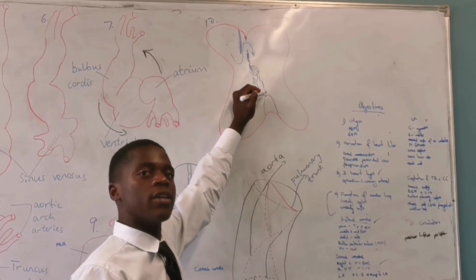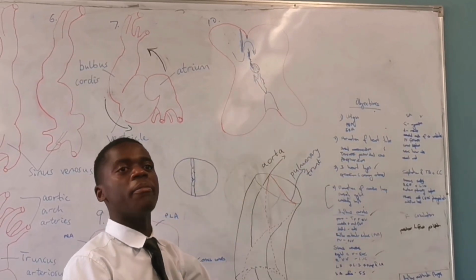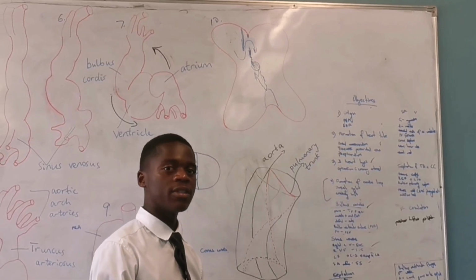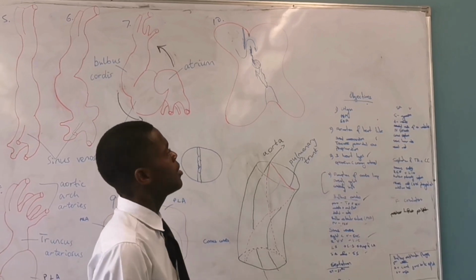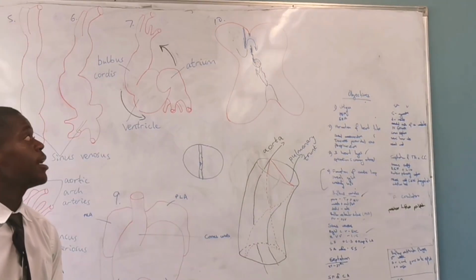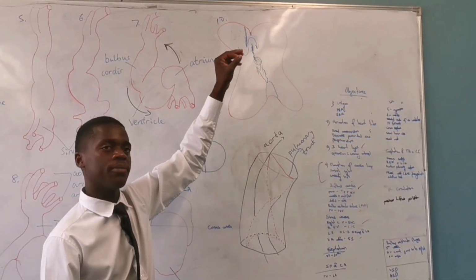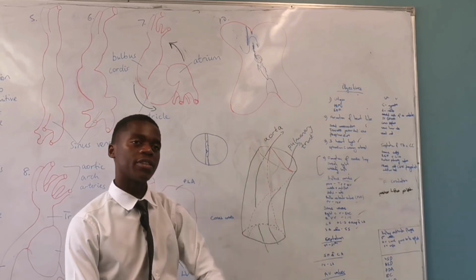We refer to this newly formed area as the membranous part of our interventricular septum. So at this stage, we can certainly say we have our right atrium, left atrium, right ventricle, and left ventricle.